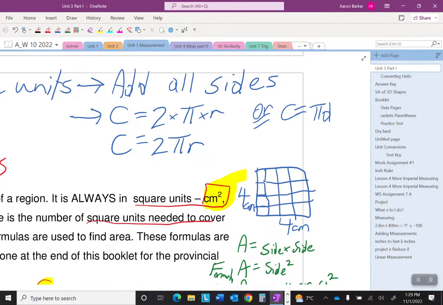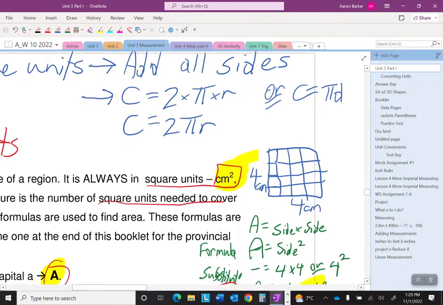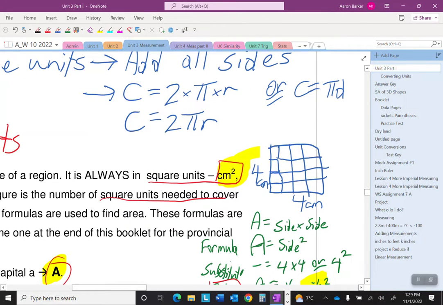Okay. Let me make that a little bit more legible. Formula, F-O-R-M-U-L-A. And our formula starts with a capital A. Capital A equals side squared. So then after we write our formula, you want to substitute in. So we substitute in the number. Okay, and I'll clean this word up.